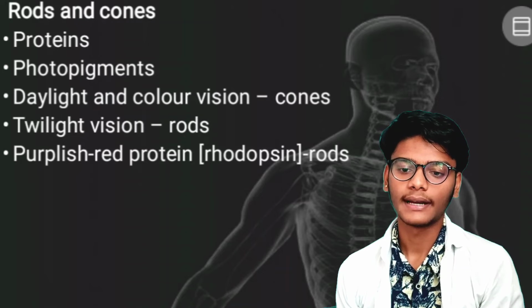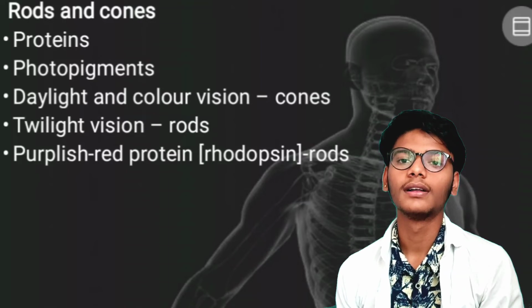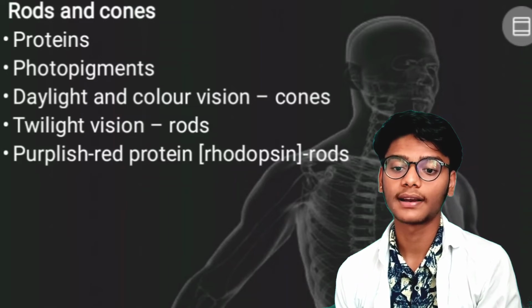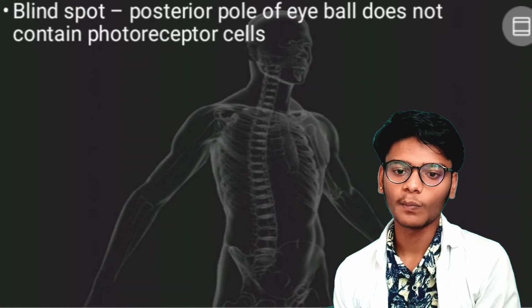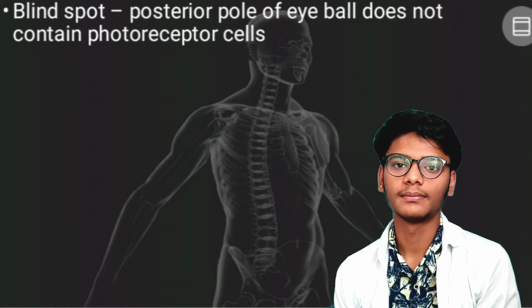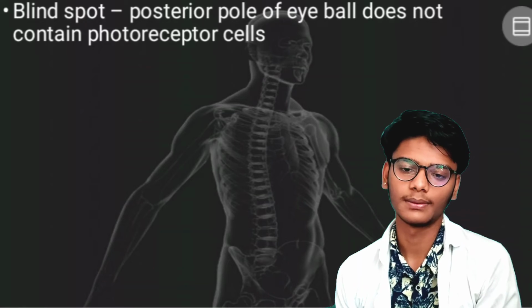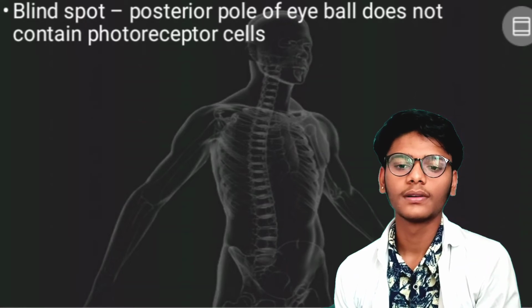The purplish red protein is rhodopsin. Rhodopsin is a purplish red protein present in rods. Remember this. Next are some technical terms or keywords. Remember this: the blind spot.